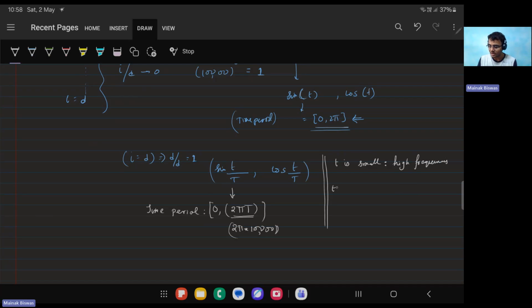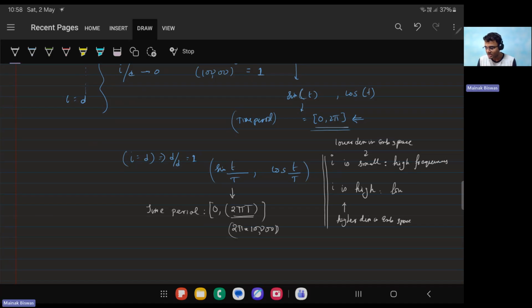But we are able to understand this when I is small, that is the lower dimensions in the embedding space, and this is the higher dimensions in the embedding space.